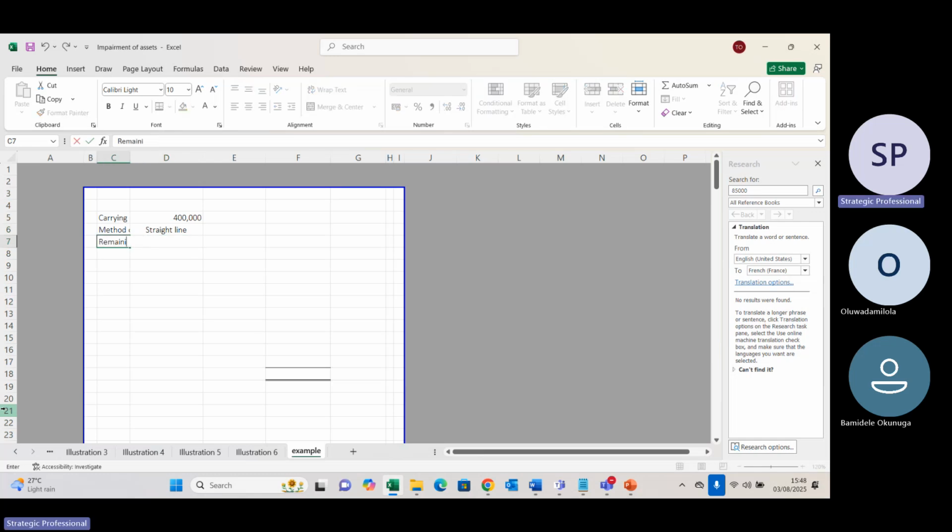The useful life is 4 years. The residual value, let's assume, is 50,000. Net cash flow of 80,000.